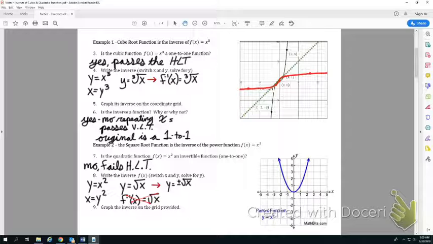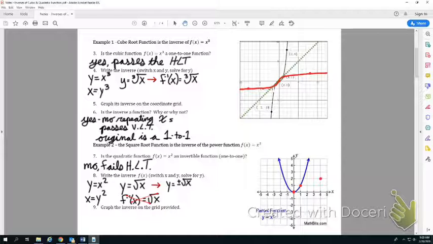All right, I'll expand on that in just a second after we graph it. So if I graph this the same way I graph the cube root up above, if I have the point 2, 4, the inverse has what point? 4, 2. All right, then I've got 1, 1 and 0, 0, which again those are going to stay the same.